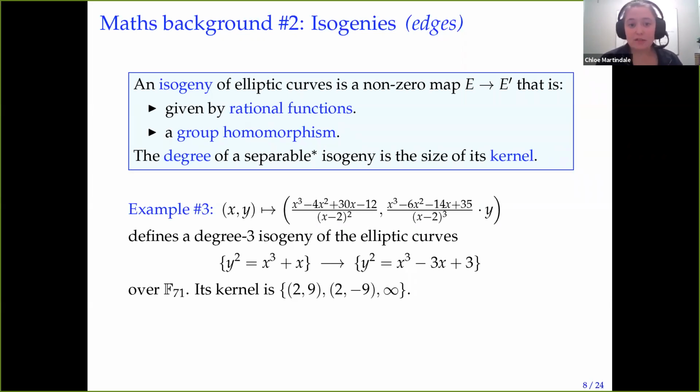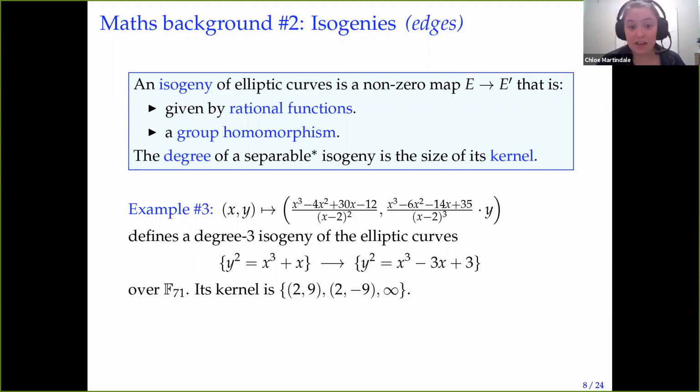And this defines a degree 3 isogeny between these two elliptic curves over the finite field F71. What do I mean? That means that the coefficients of the elliptic curve are thought of as numbers modulo 71. And if you play around with these formulas, you plug them into the left-hand side, and then you simplify, you're going to get the thing on the right-hand side.